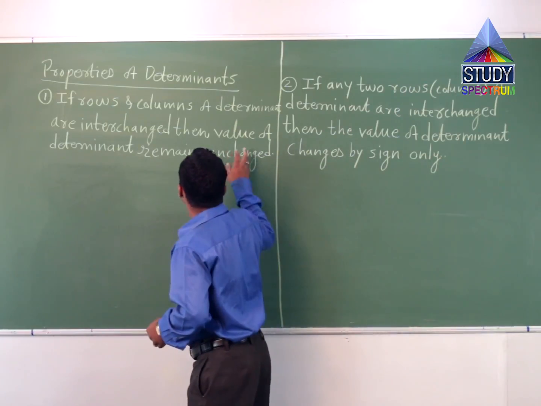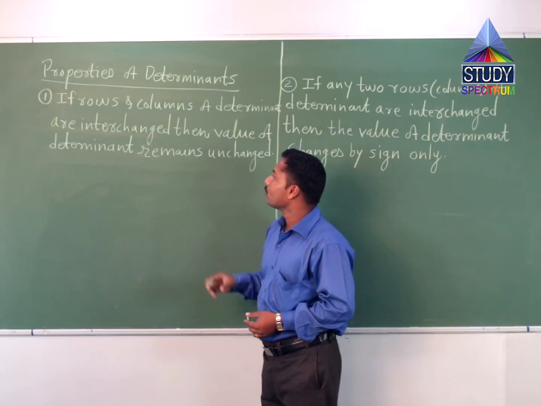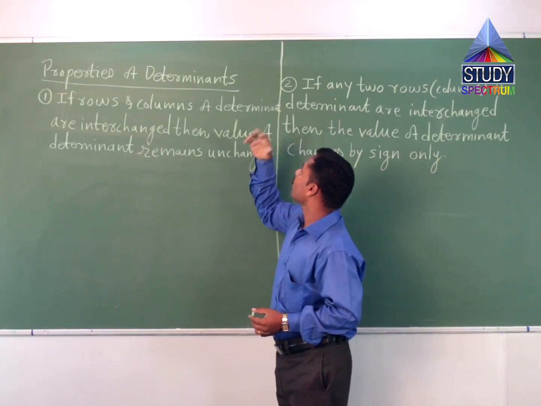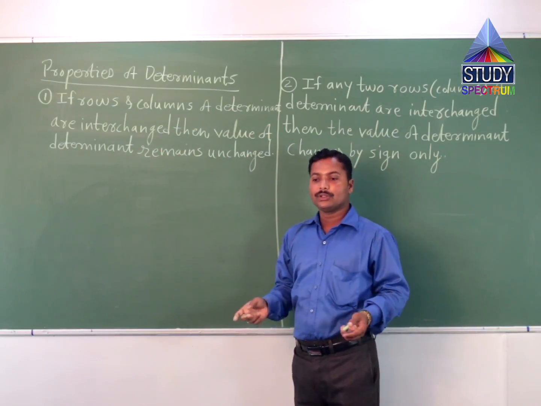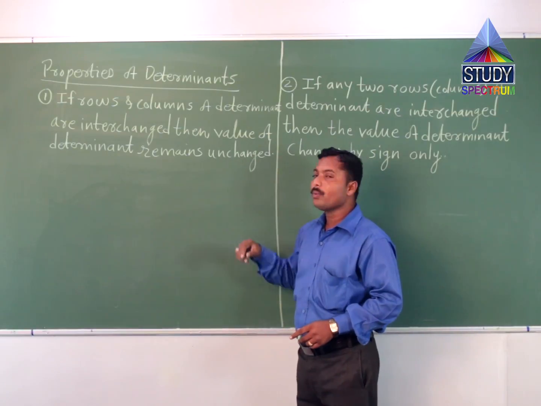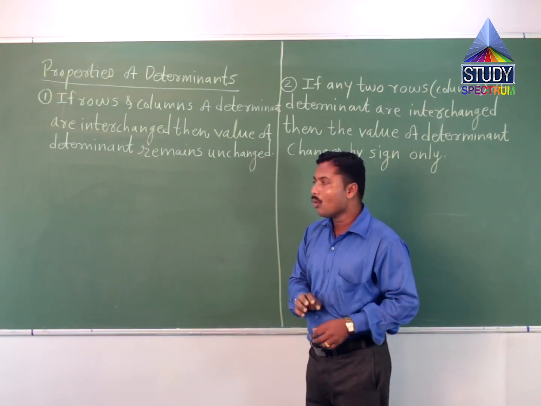So we discuss this property with a simple problem. What is the property? Again, listen. If the rows and columns of a determinant are interchanged, then the value of the determinant remains unchanged, meaning there will be no change.